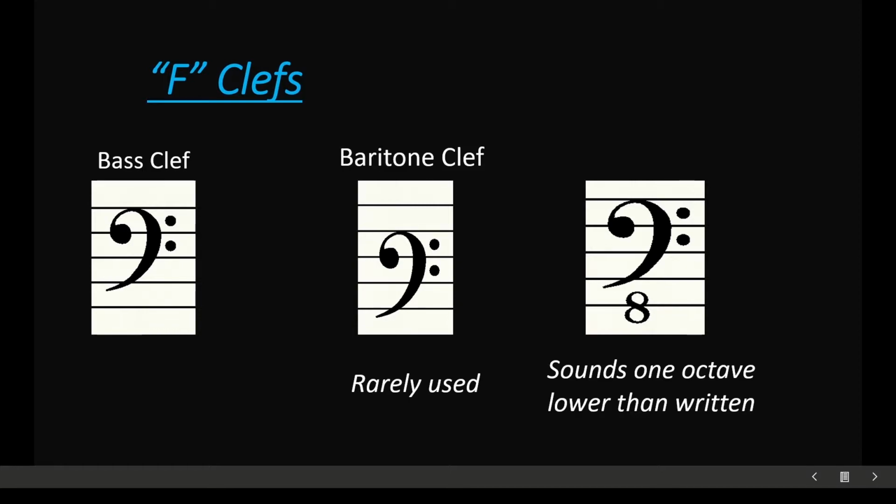You may not see that clef very often, but you may. You never know. Especially if you're a researcher or in music history, ethnomusicology, musicology, things like that. And then lastly, you'll notice the F clef with the 8 below it. It just means you're going to play an octave lower than written.